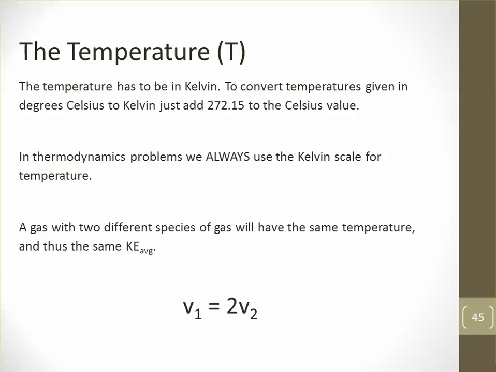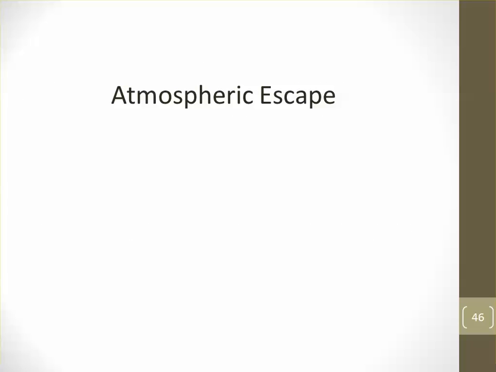As a matter of fact, we can talk about this phenomenon called atmospheric escape. The Earth loses all of its hydrogen. And in fact, it loses all of its helium as well. If you have a helium balloon, you pop that helium balloon, that helium is going to rise into the upper atmosphere and is simply going to escape. We're simply going to lose it.